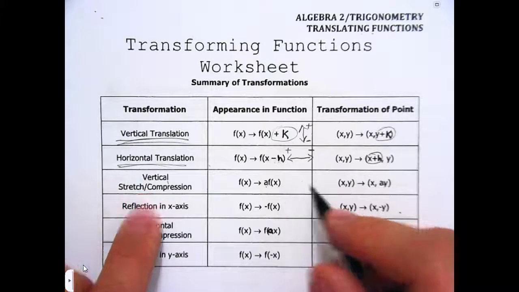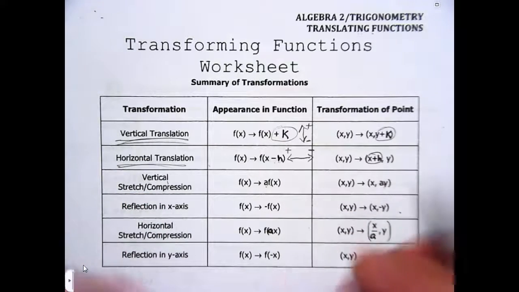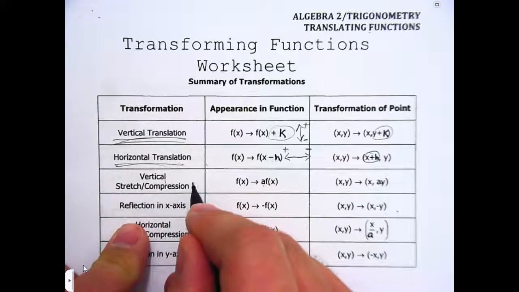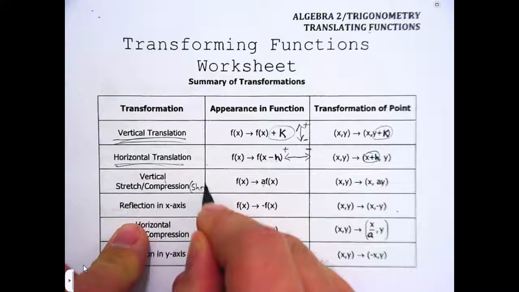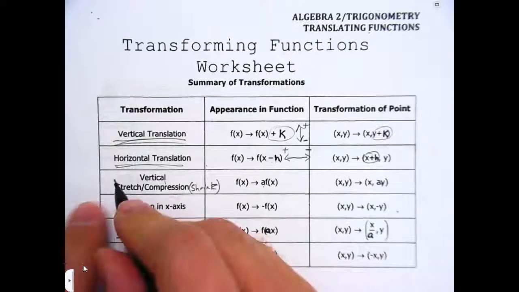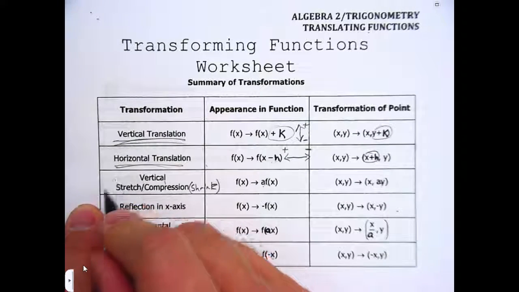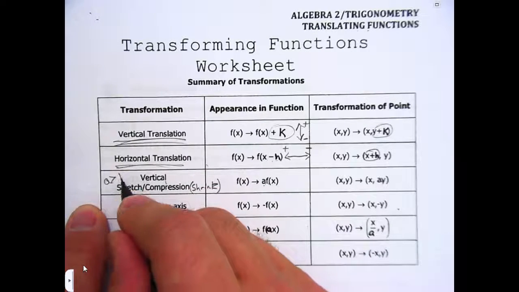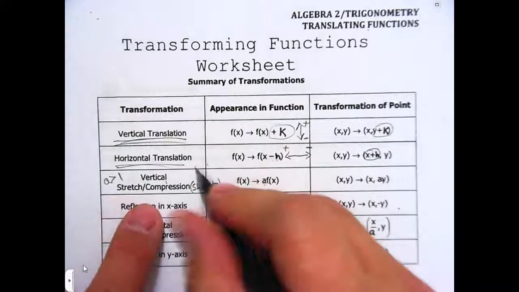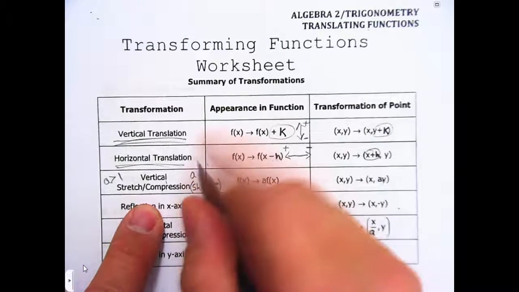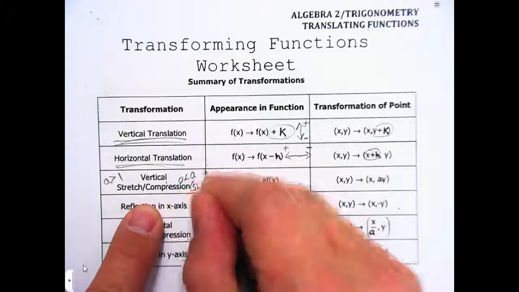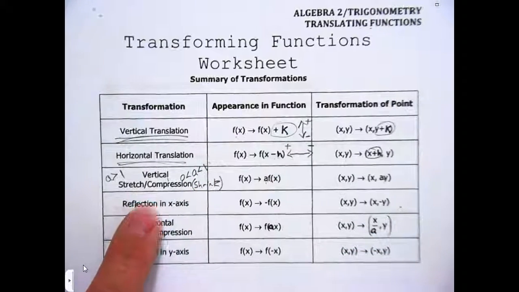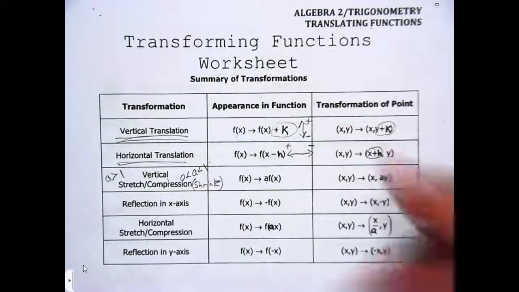If it's between 0 and 1, then it's compressing, or we also call this a shrink. So our stretch is when A is greater than 1. Our shrink was when A was greater than 0, but less than 1. And really we're talking about the absolute value of A.